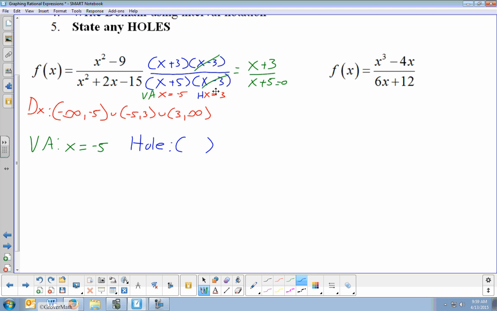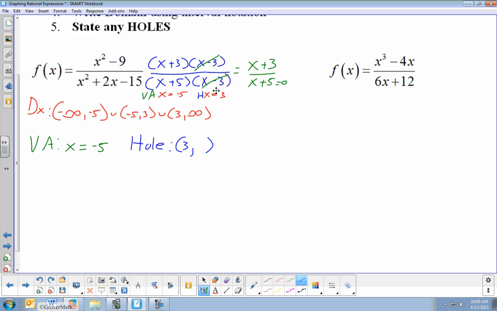And what you found when we solved this, x equals 3, this is the x value of the coordinate of the hole. And what you need to do to find the y value of the hole is plug this x value into your simplified expression.